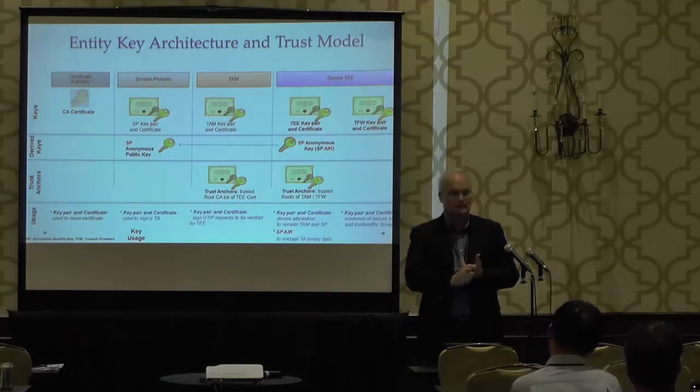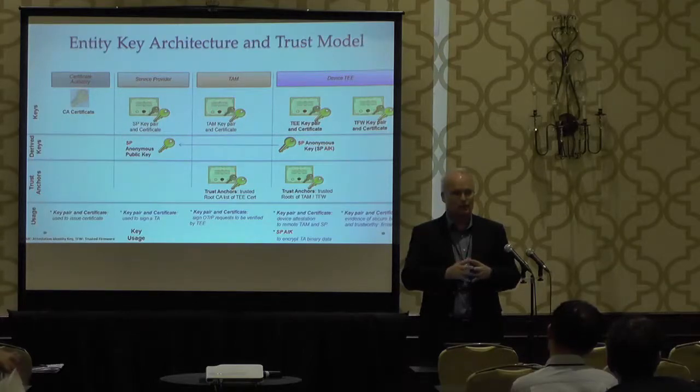It needs to sign the code that you will find either within the rich execution environment or within the trusted execution environment, and it needs to load the initial master keys of either the device, the trusted firmware, or the TEE. So the OTrP agent will be updated through an OTA process managed by the OEM, okay?